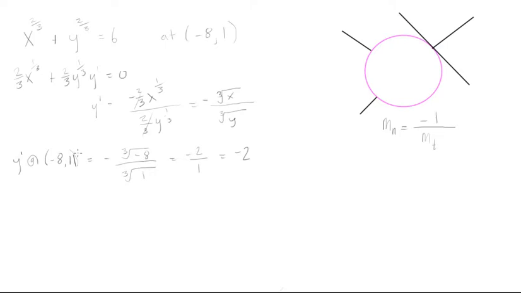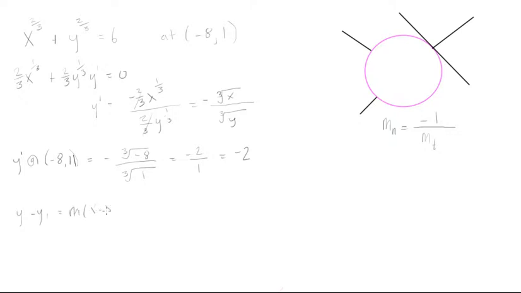Now, what we want to do is find the tangent line, right? We have the slope. This is like, if we have y is equal to mx plus b, we just have m. But we want to find the entire equation for this line. So we're going to use the point-slope form of a line, which is written like this: y minus y1 is equal to m times x minus x1.